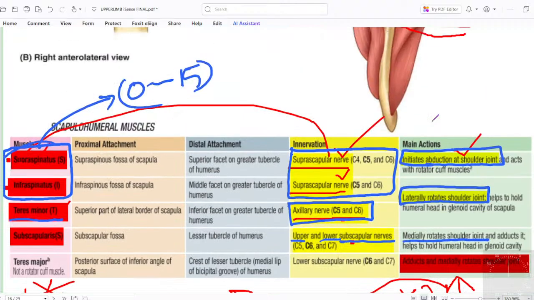So we said initiation of abduction from 0 to 15 degrees by supraspinatus, then from 15 to 90 degrees by the deltoid, and above 90 degrees, pectoralis major.